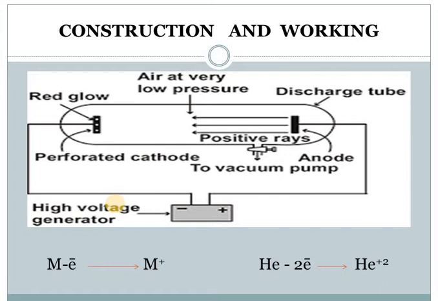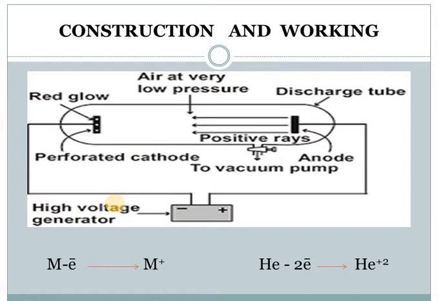Now if we take this discharge tube, we have two electrodes, the anode and the cathode. The cathode has perforations in it, so that whatever thing of smaller size is present in the discharge tube can pass through it if it is attracted towards it.